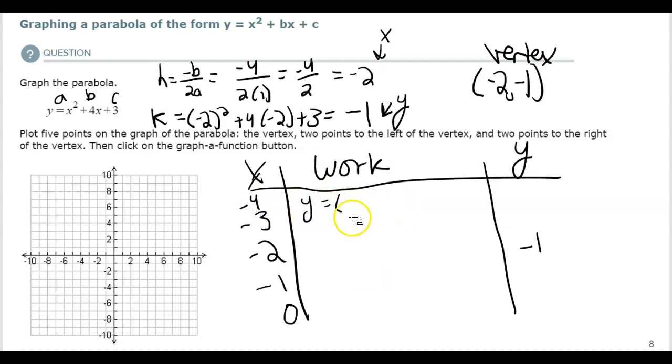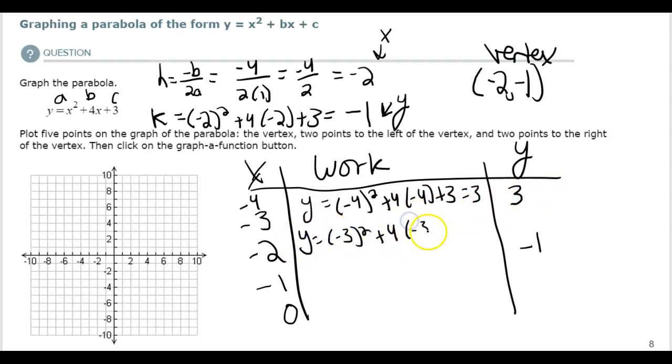And then everywhere I see an x, I'm going to put a negative 4, a negative 3, a negative 2, a negative 1, and so on. And then I'd have the same here when I plugged in.